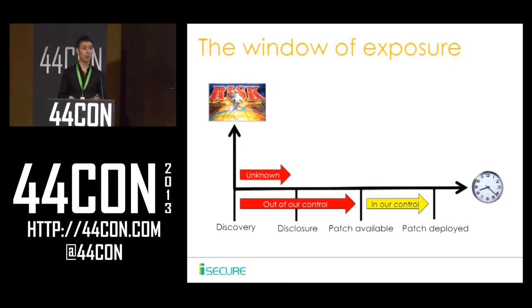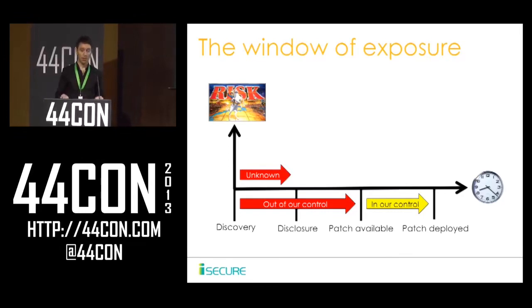But someone knew about the vulnerability because someone found it, or maybe a couple of people found it independently of each other and chose to deal with it in different ways. And a lot of people don't think that this is a big deal because how often are 0 days actually being exploited before the patch is available?